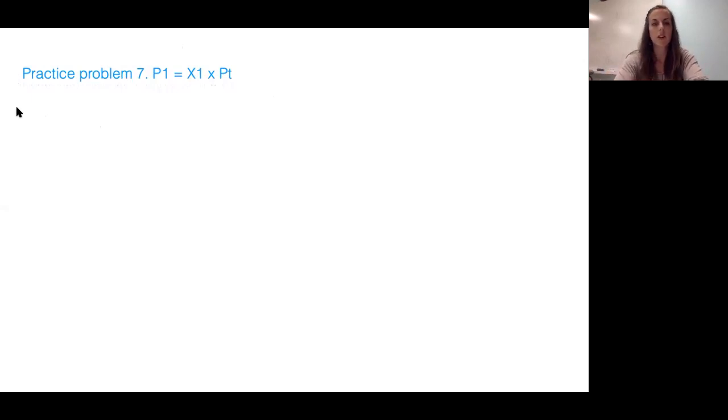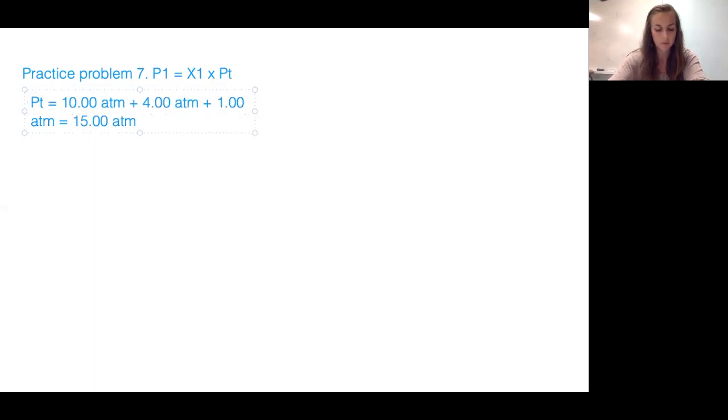All right, so first let's find each piece for our equation to plug in. So first let's find the total pressure. So the total pressure is going to be, I'm just going to add up the pressures for all of the gases that they gave me. So 10.00 atm, 4.00 atm, and 1.00 atm. And if we add those all up, we get 15.00 total pressure.